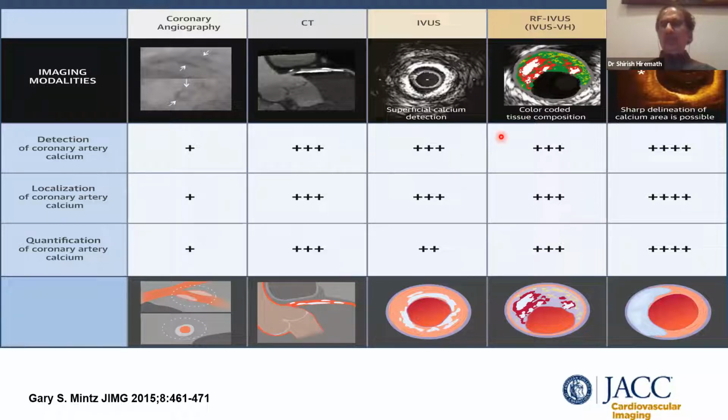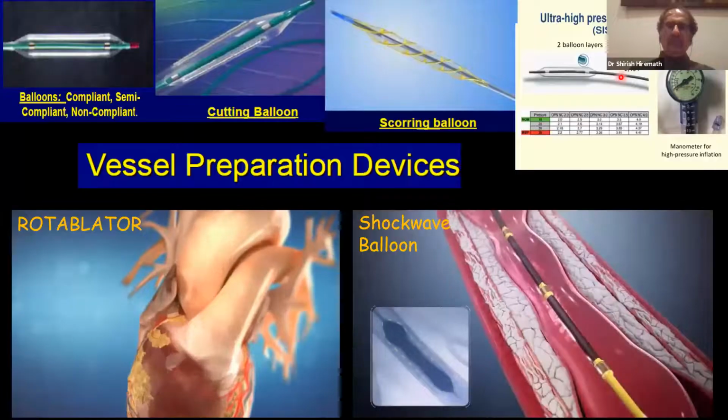So the accuracy improves when you use this virtual histology, IVUS VH. And of course, OCT can tell you a lot more compared to any other modality at this stage of time.